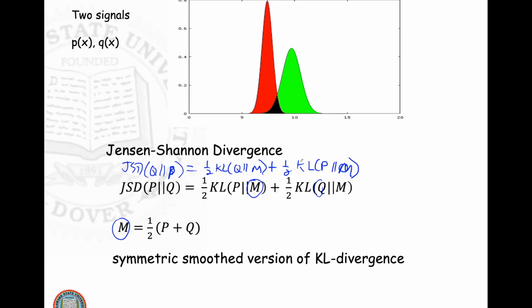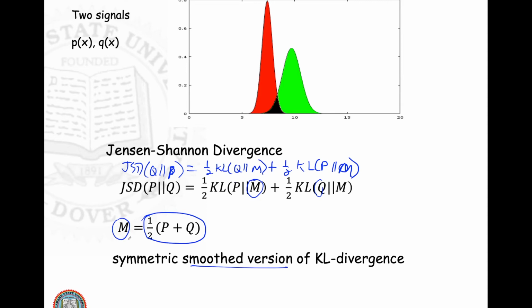And so because addition is commutative, you get the same expression. So the Jensen-Shannon divergence is an extension of KL divergence intended to remedy this fact that KL divergence is not symmetric. And you can think of Jensen-Shannon divergence as a smooth version, smooth because we're taking the interpolated midpoint distribution. It's a smooth version of the KL divergence.